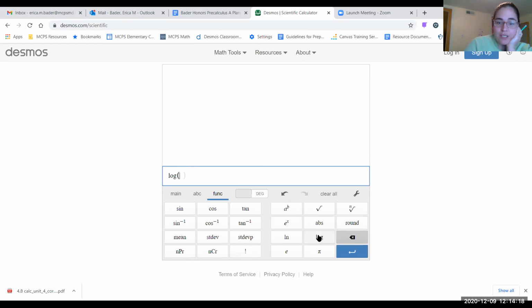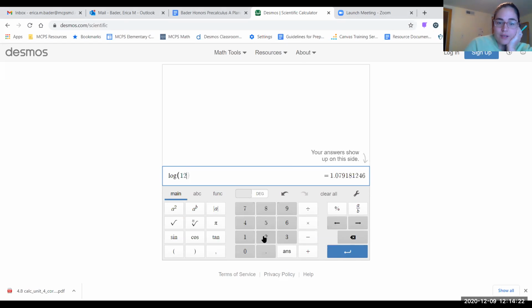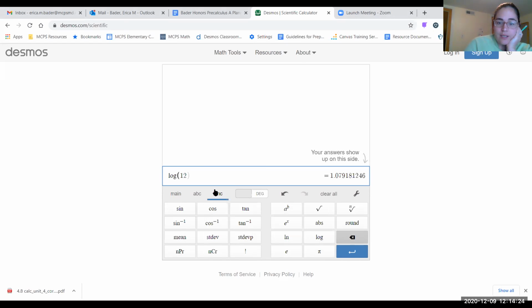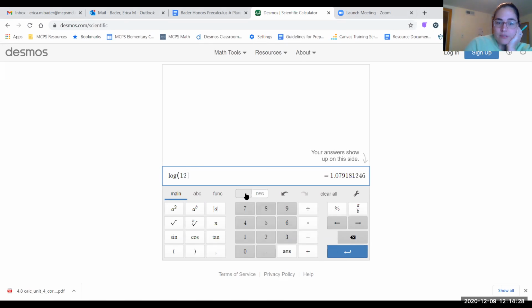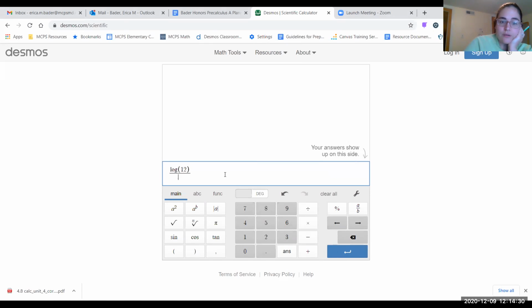Function, so we can do log of 12, and then we can close our parentheses over log of 4. So you can see that's 1.79248125 and so on and so forth.